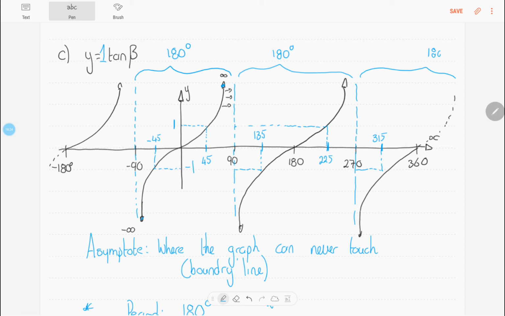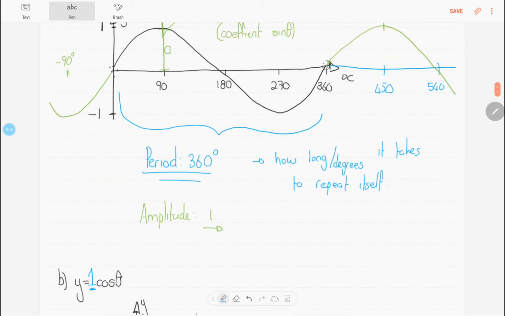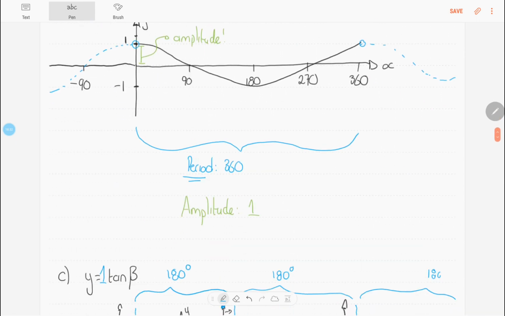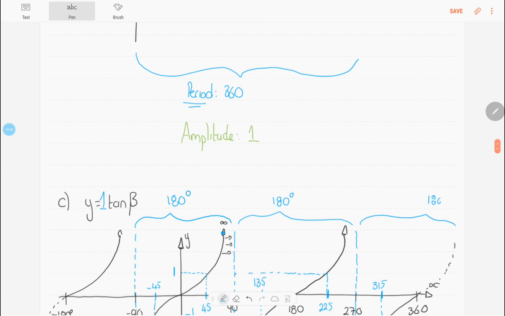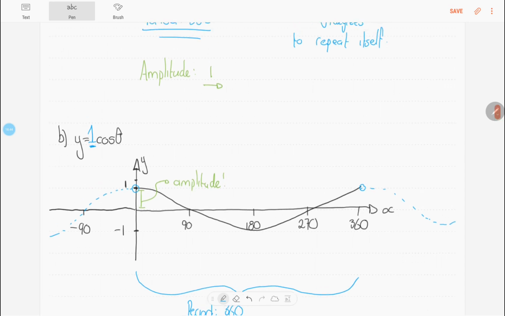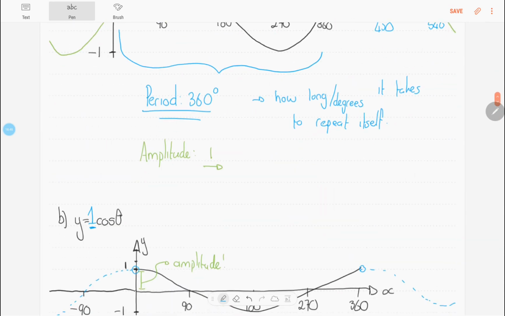Same as before, our amplitudes keep repeating as the graph repeats, so it doesn't change. Those initial conditions we've spoken about, our period, our amplitude, and our asymptotes, continue throughout the graph.